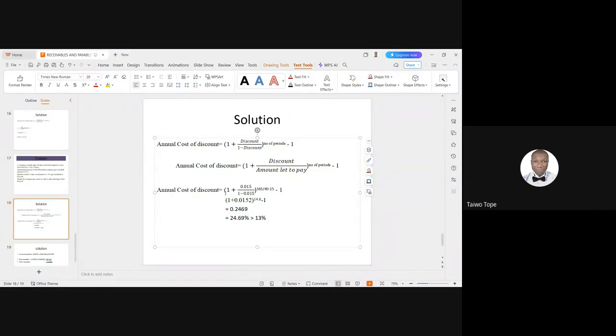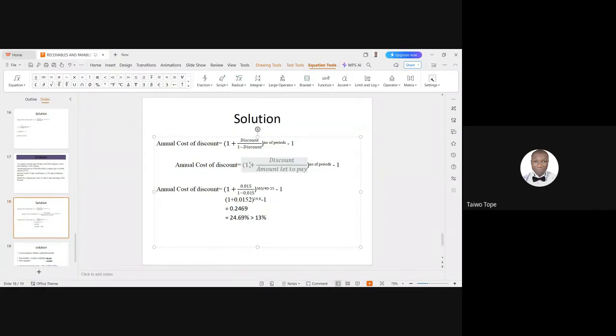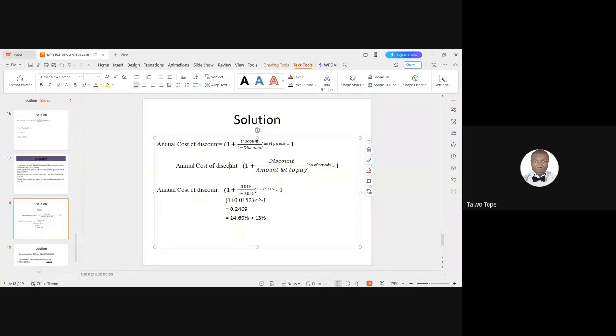So we can have a formula to determine our annual cost of discount, which is this. Now, let's take notes of something in this formula. This number of periods is very important. Some questions will give you the period in year. Some questions will give you in days, 365 days.